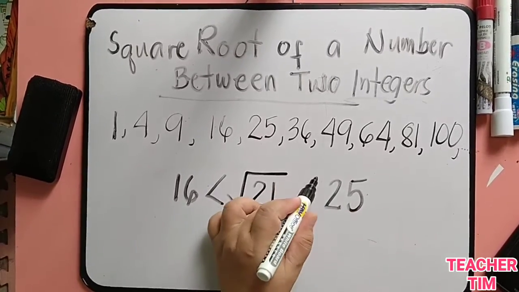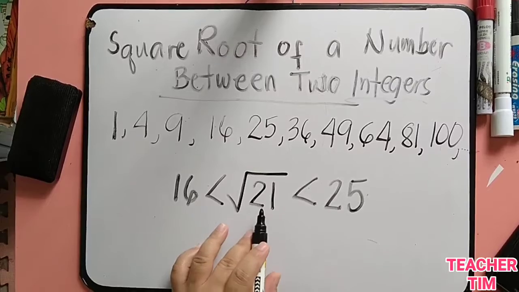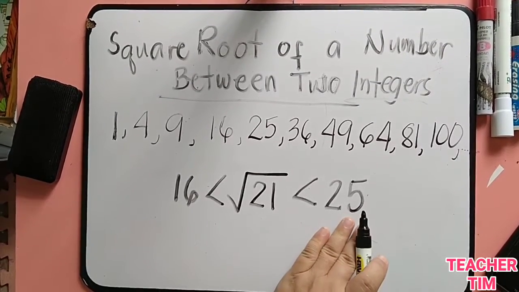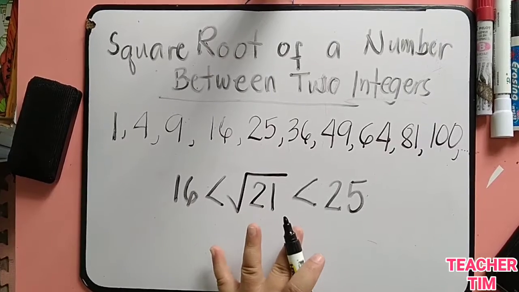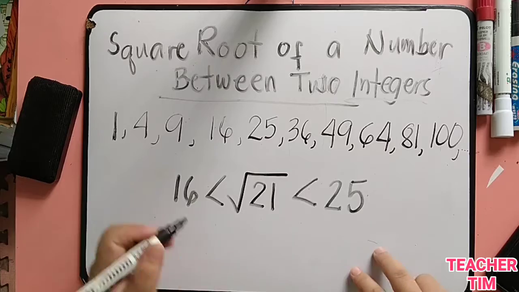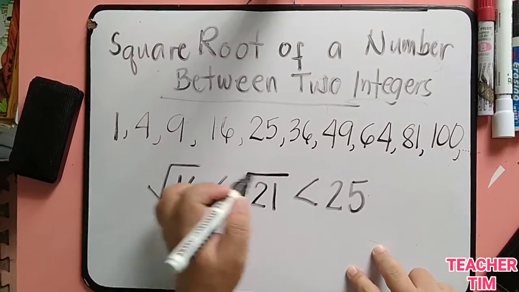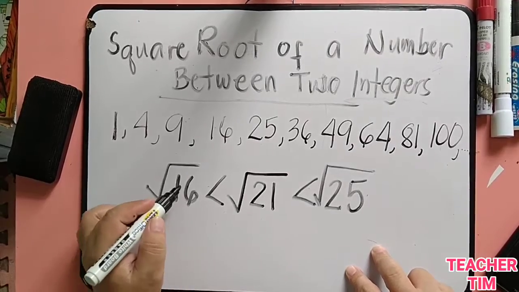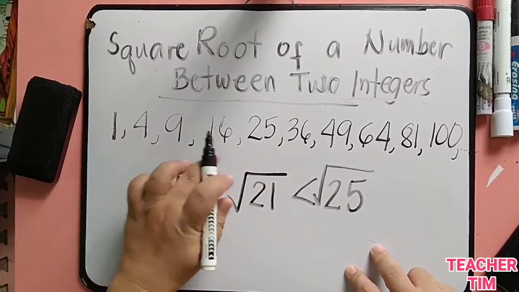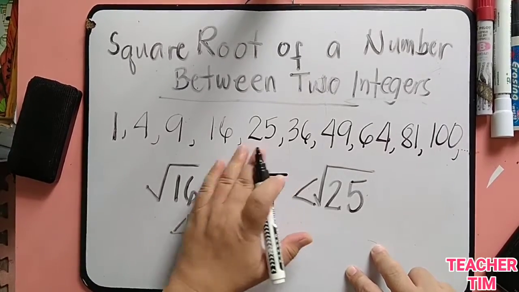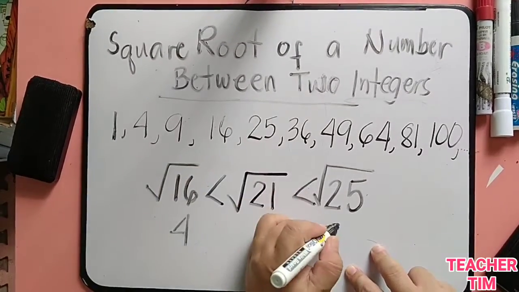The value of the square root of 21 is greater than the value of the square root of 16 but less than the value of the square root of 25. Since we need to get the square roots of these perfect squares, the square root of 16 is 4, and the square root of 25 is 5.